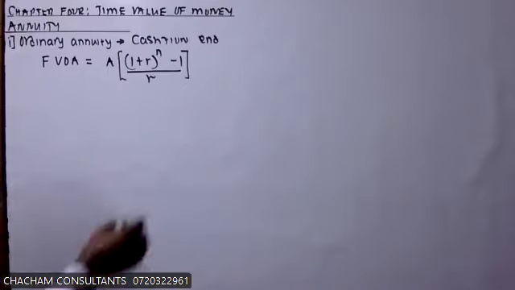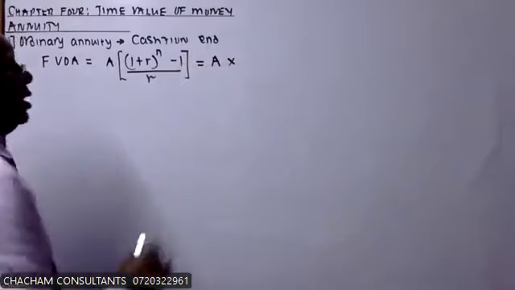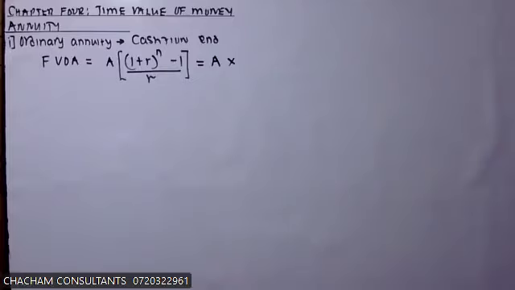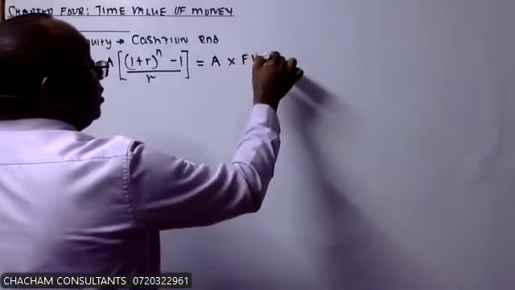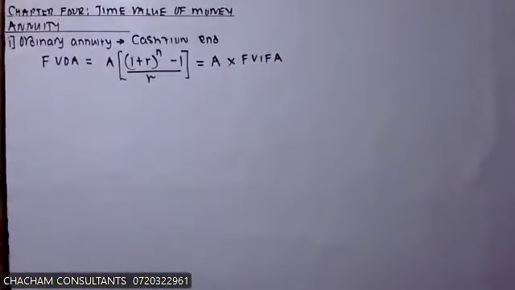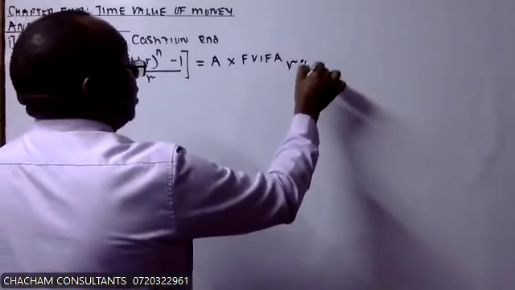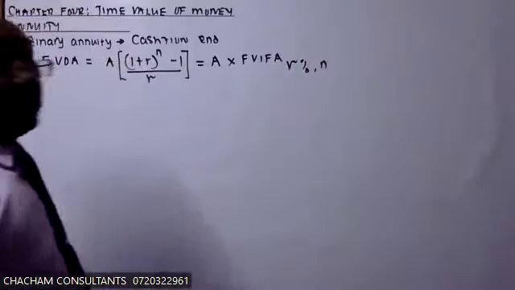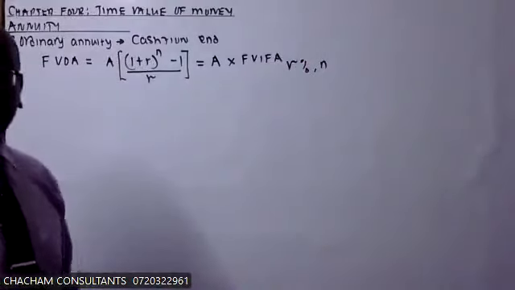Or if you want to write in terms of the tables, it is A times the future value interest factor for annuity at R% and N.